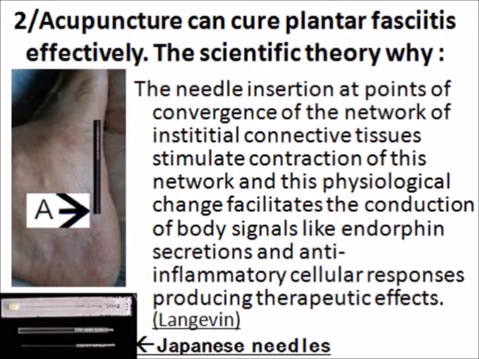When the needle is inserted at the point of convergence of the network of interstitial connective tissues, the stimulation will stimulate the network to produce physiological changes that facilitate the conduction of body signals, like production of endorphin and other anti-inflammatory cellular responses, and that will cure the inflammation.